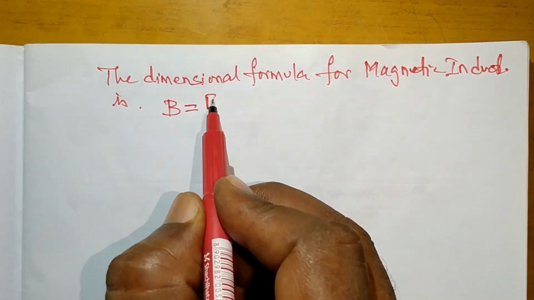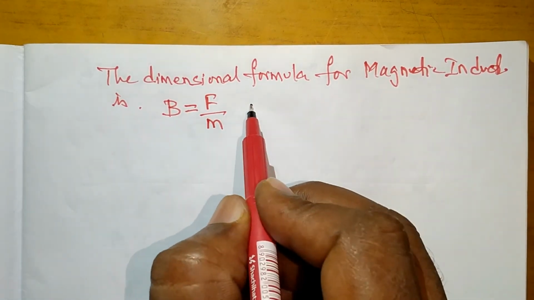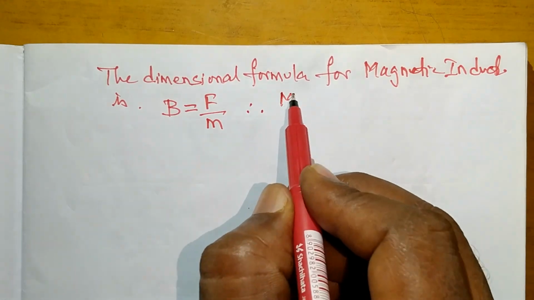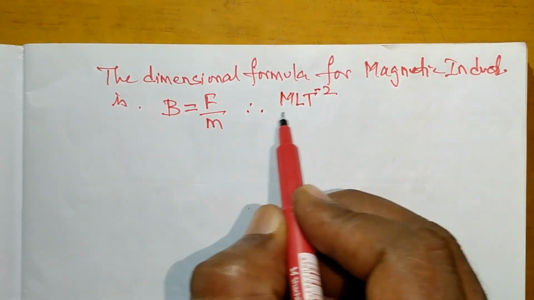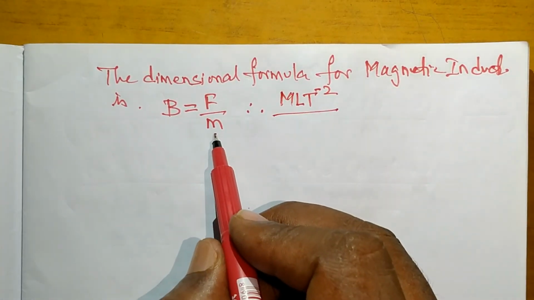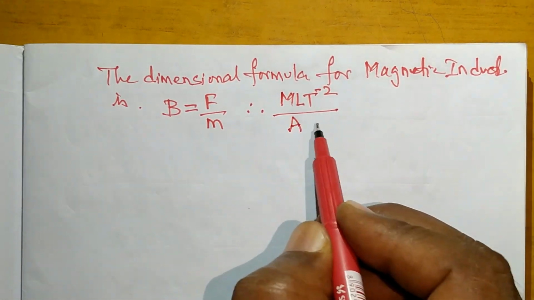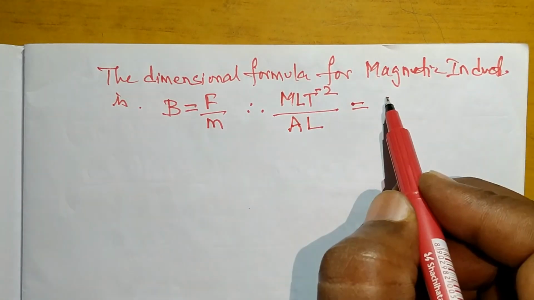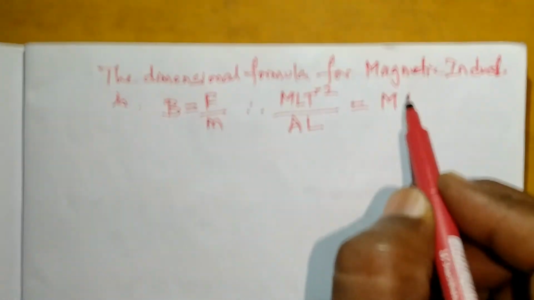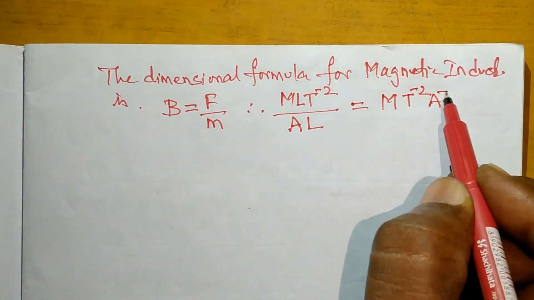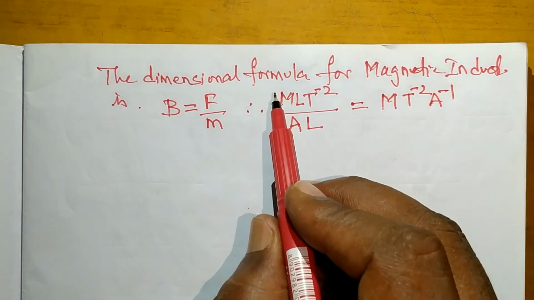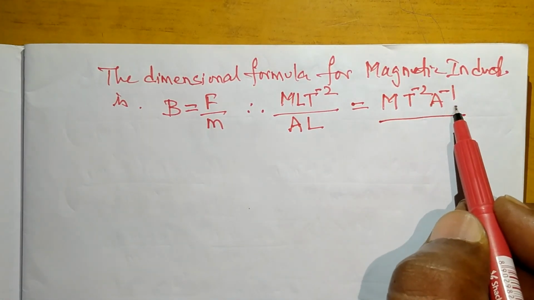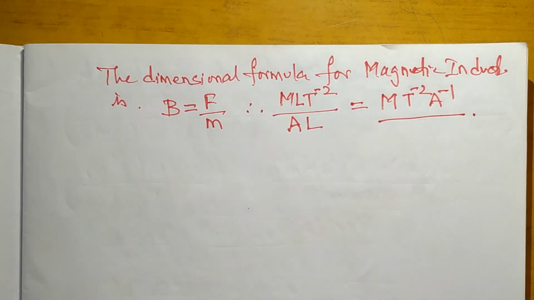Magnetic induction is equal to force by M. Therefore, the dimensional formula for force is M L T power minus 2, and the dimensional formula for pole strength is ampere meter, so it is A into L. On simplification, L and L get cancelled. It is M T power minus 2 A power minus 1. Therefore, the dimensional formula for magnetic induction is M T power minus 2 A power minus 1.